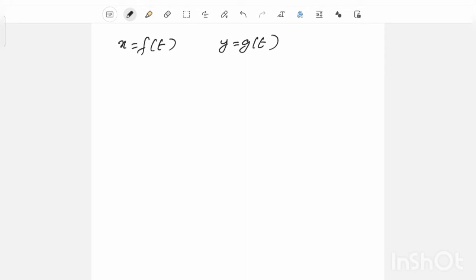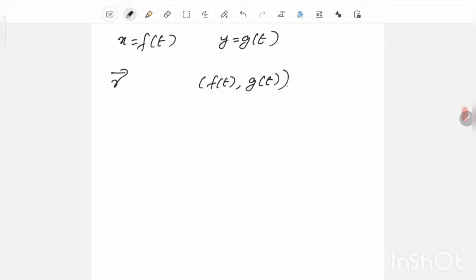That is, for each t in I, the position vector r of the object is the vector with initial point at the origin and terminal point f of t, g of t.